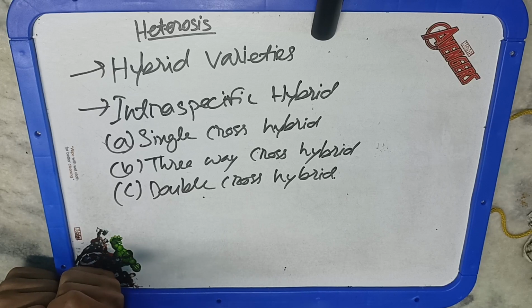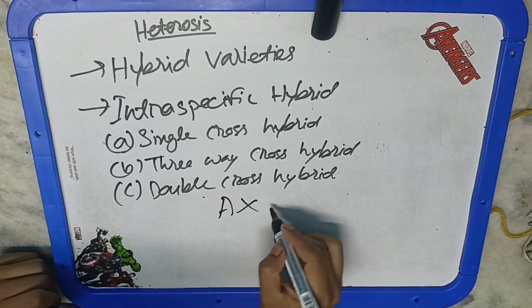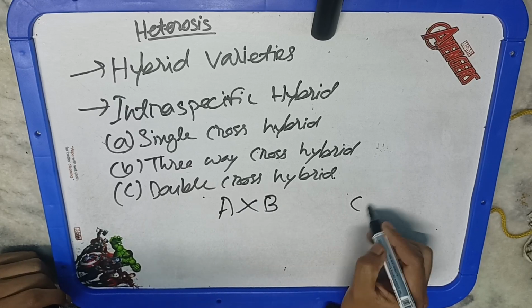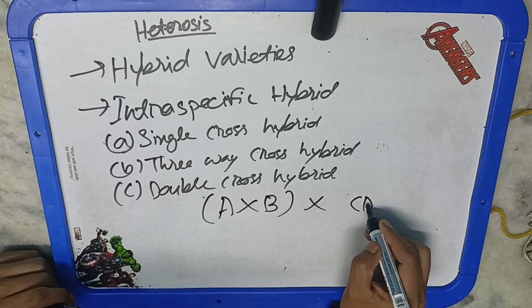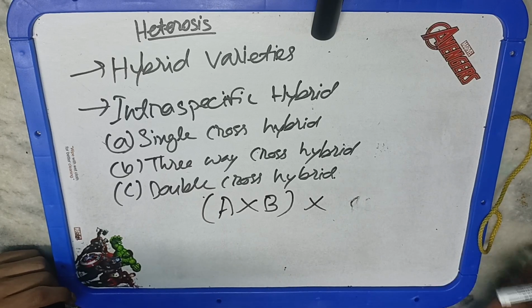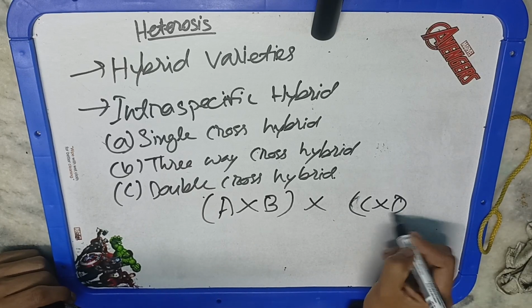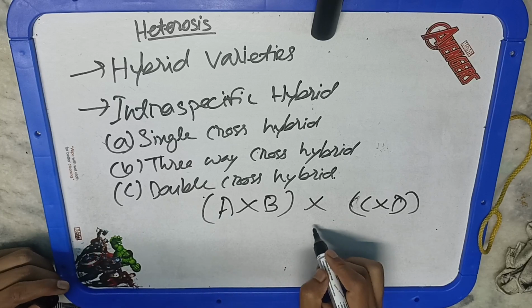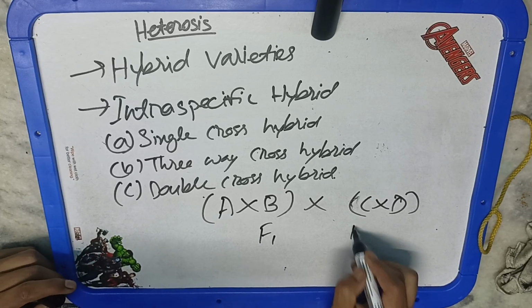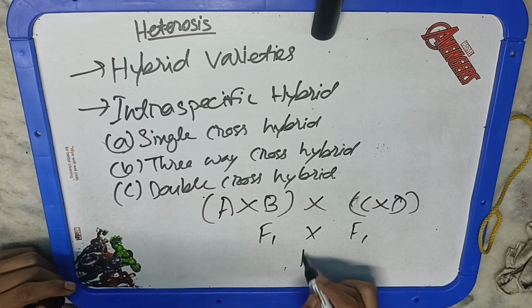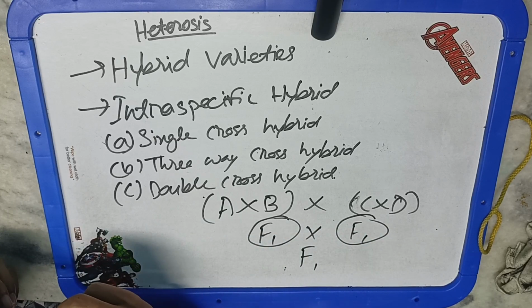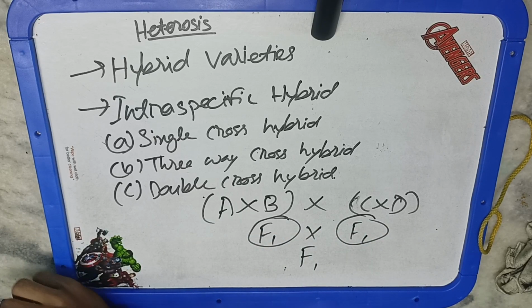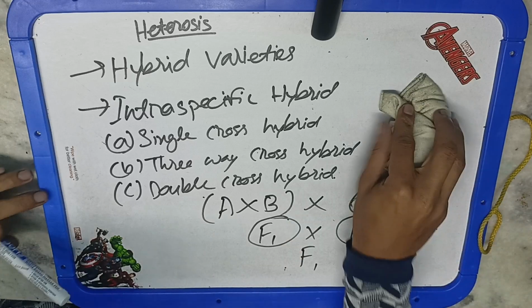In double cross, we make crosses between four different lines. From these we get F1s, then we make them homozygous so that we can make a cross between these two homozygous lines, and the F1 we get is known as the double cross. So it is a cross of two single crosses, a cross between the products of two single crosses. This is known as double cross.